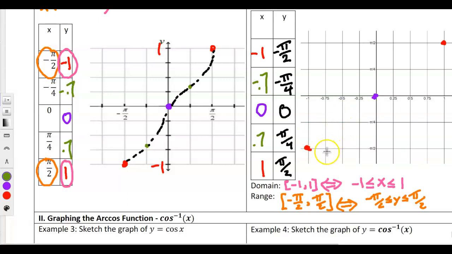That's way more important, that you know how to create these graphs. There we go.